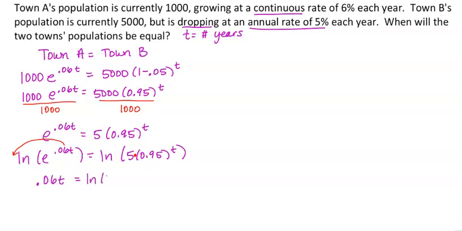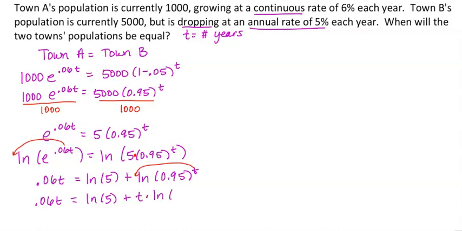So we'll have the natural log of 5 plus the natural log of 0.95 to the power of t. Now on that second term, we are allowed to use our exponent rule and move our t out in front. So we have 0.06t is equal to the natural log of 5 plus t times the natural log of 0.95.